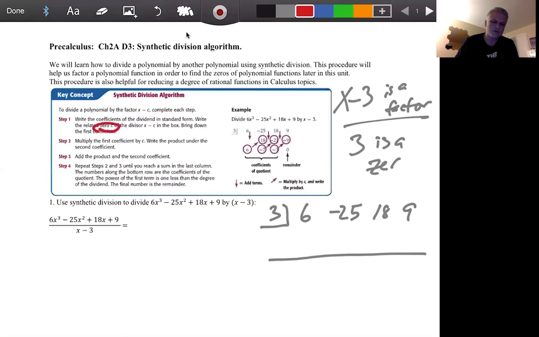We look at our 0, which in this case was 3, because we had x minus 3. If it had been x plus 3, we would have put a negative 3 out here, right?